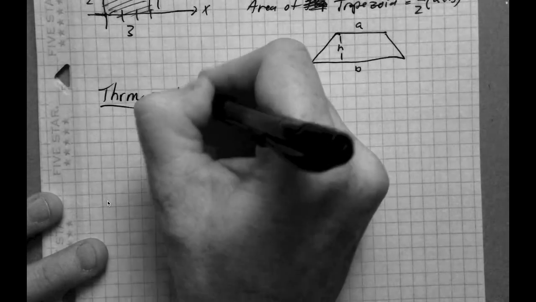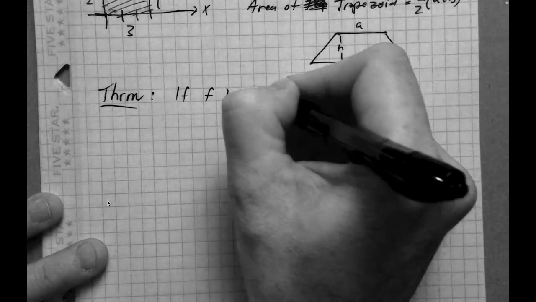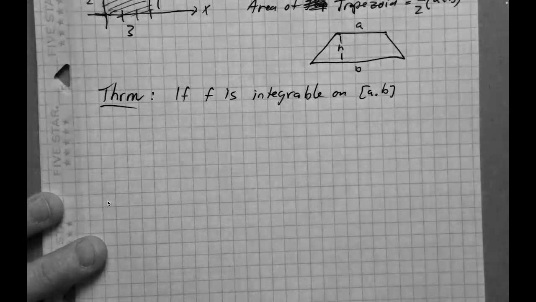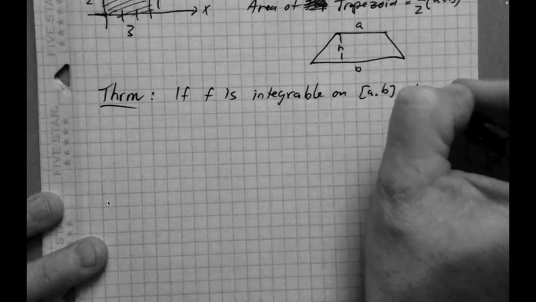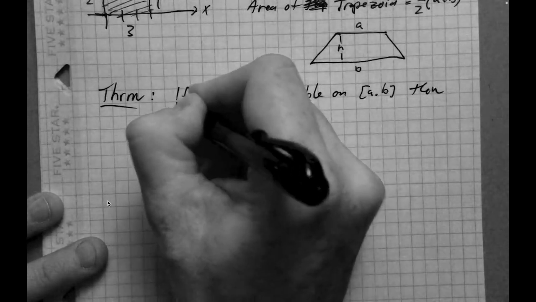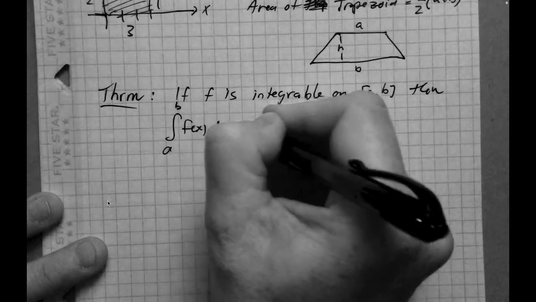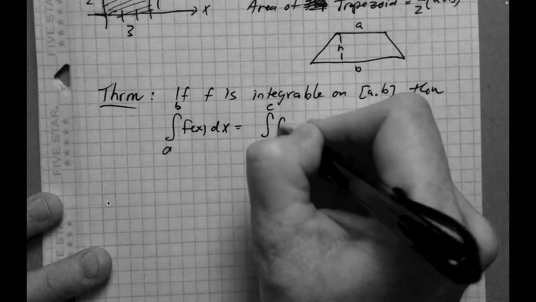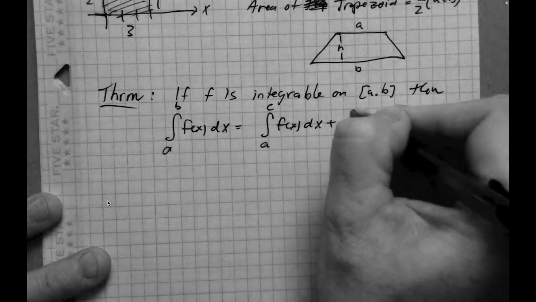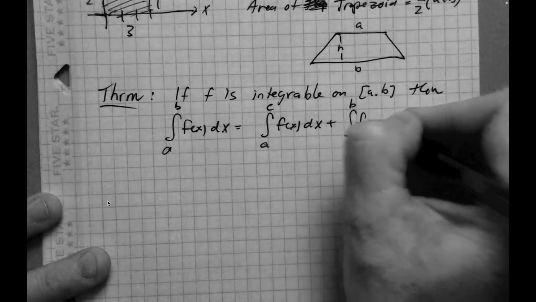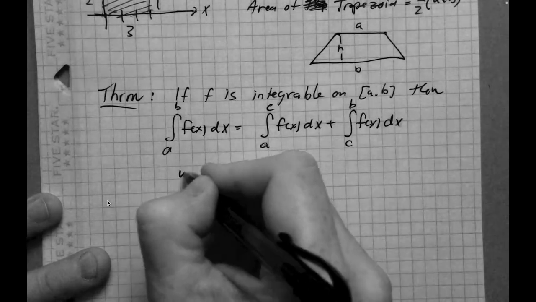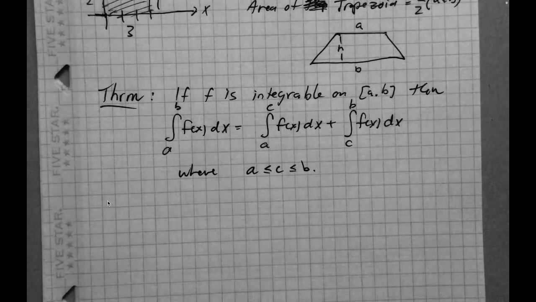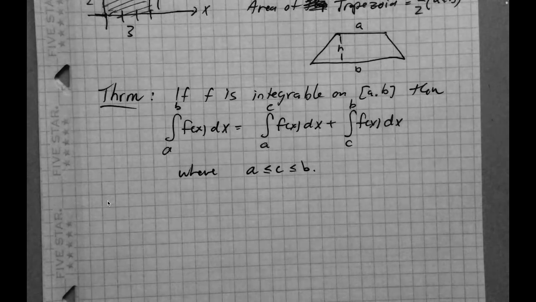So if f is integrable on an interval ab, then the integral from a up to b of f of x dx is equal to the integral from a up to c of f of x dx plus the integral from c up to b of f of x dx, where a is less than or equal to c is less than or equal to b. Okay, so c is some number in between.